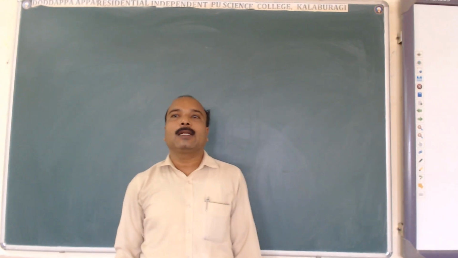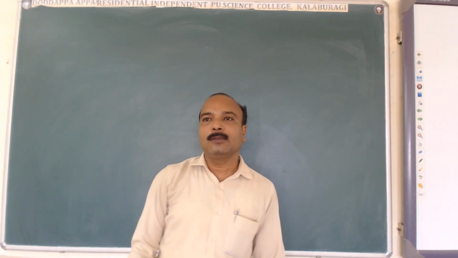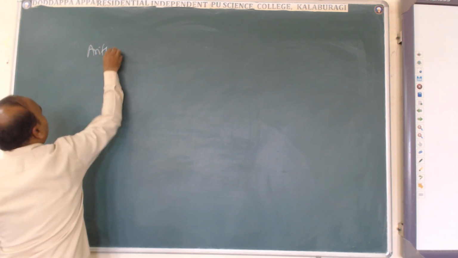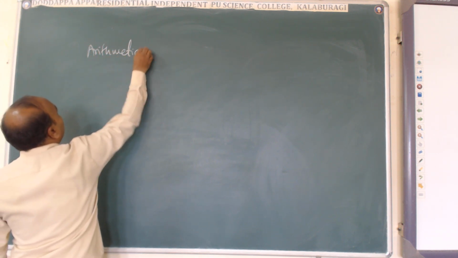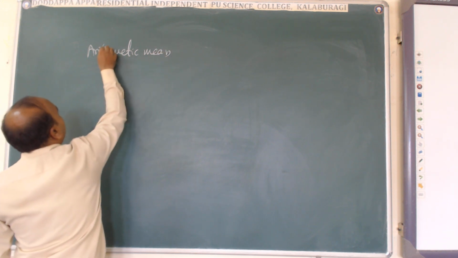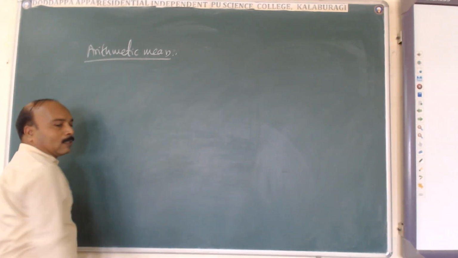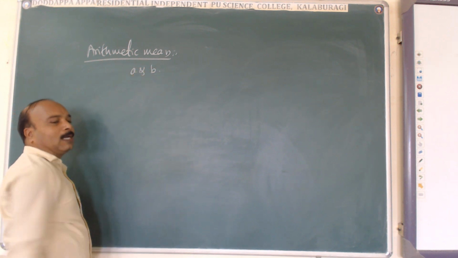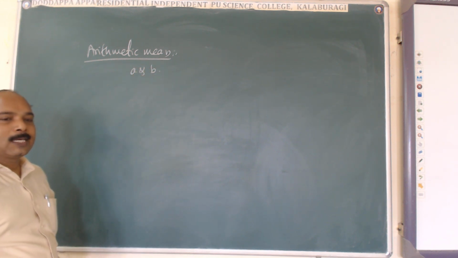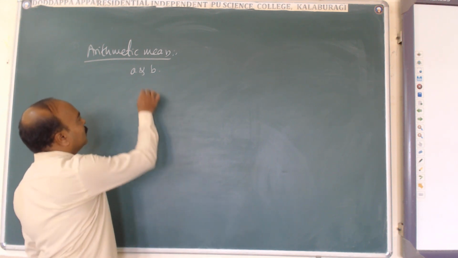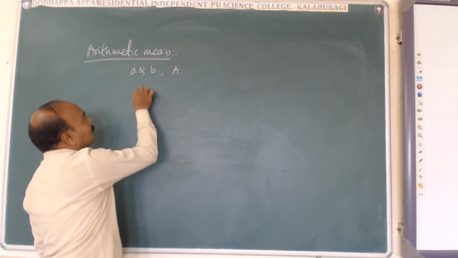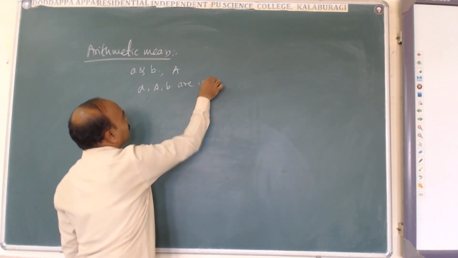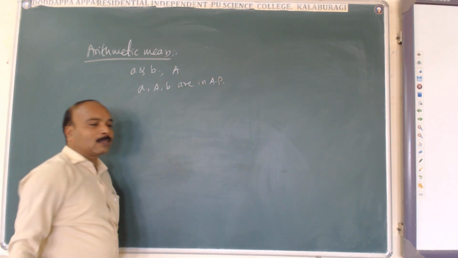Next we go for another discussion, that is arithmetic mean. So for this we consider two integers a and b. If they are given two integers a and b, then we can insert another integer A in such a way that a, A and b are forming an arithmetic progression.